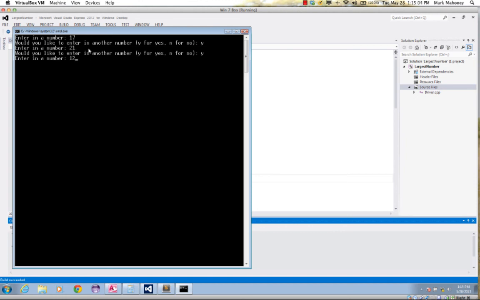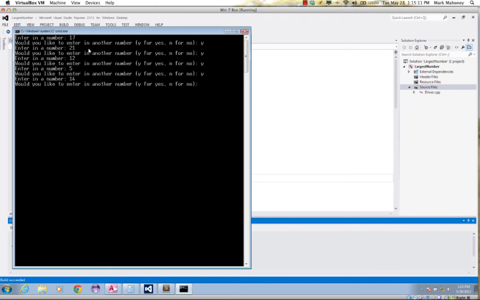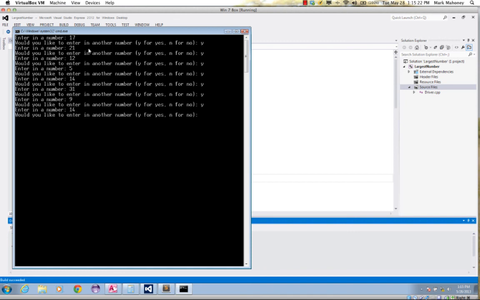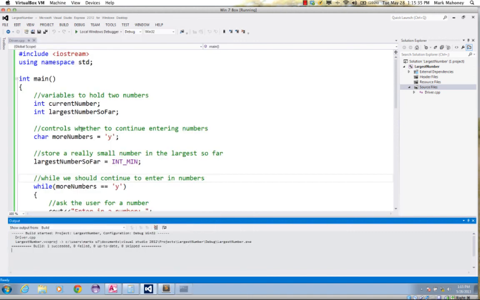Then we had 12, 5, 14, 31, 9, 14, 17, and now when it asks do I want to enter another number, I'm going to say no. And it tells me the largest number is 31. Okay, that's just what I was expecting.